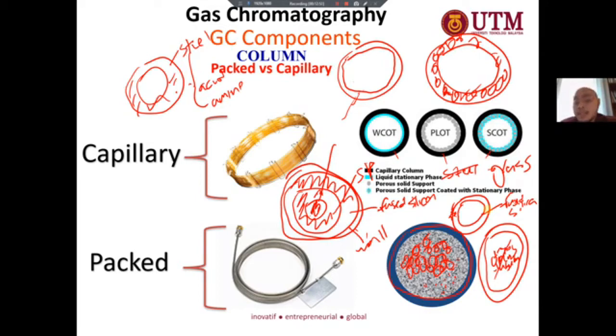When they invented the glass wall column, the problem is that it's fragile. So as compared to the normal silica glass column, they infuse the silica with some elements, so they increase the strength of the column. That's why it came up with the fused silica open tubular column. I hope that I already described the column very well.